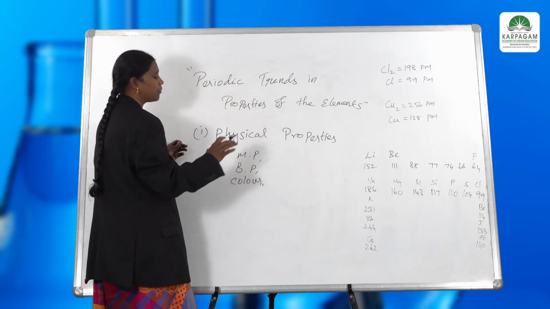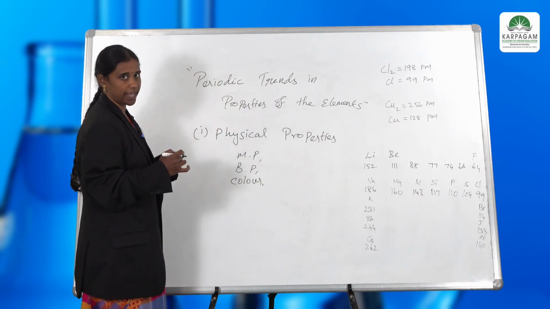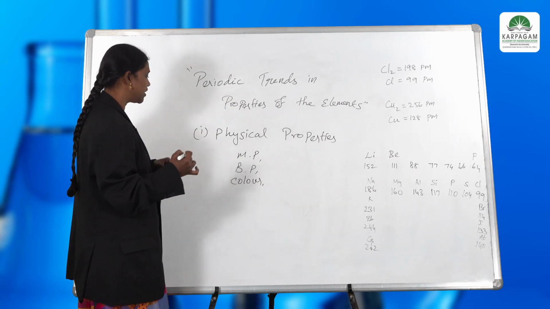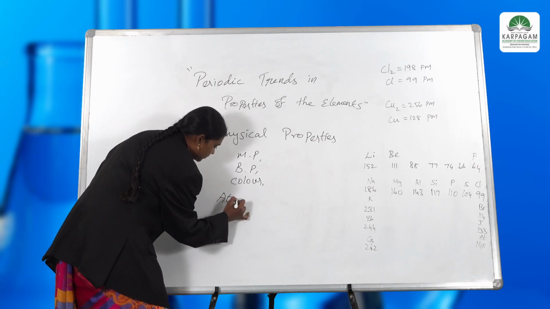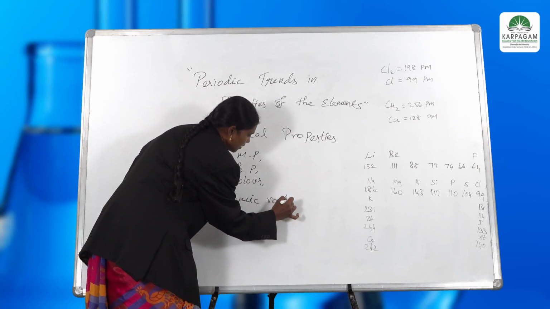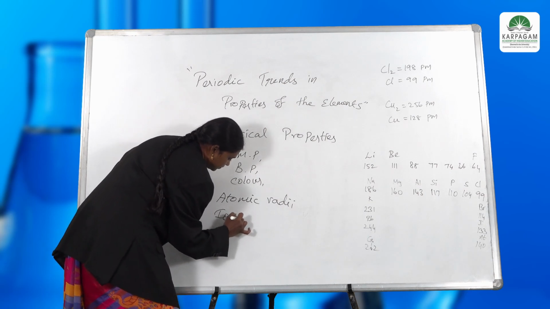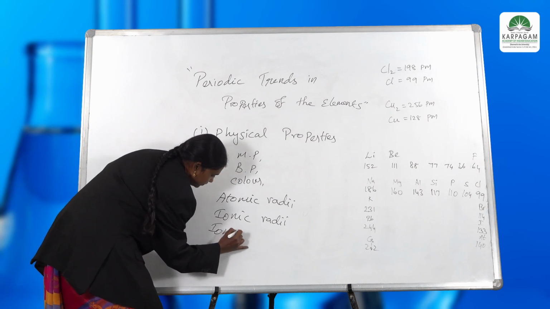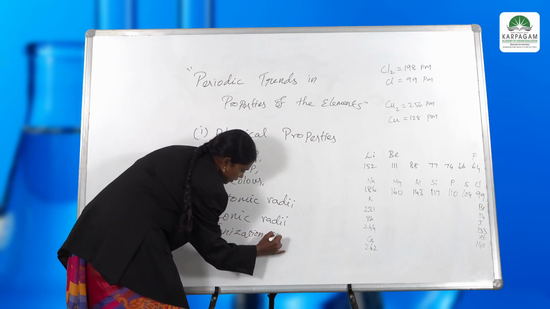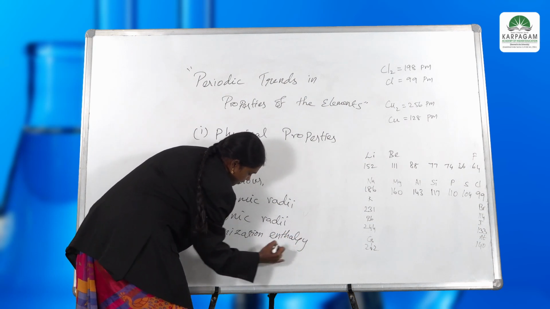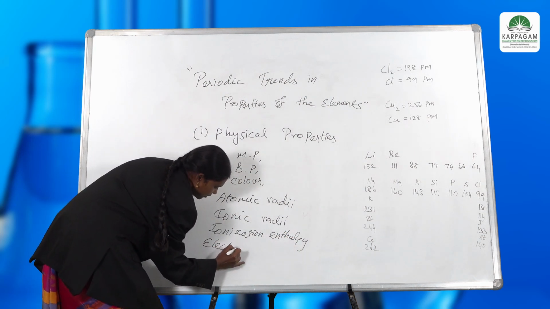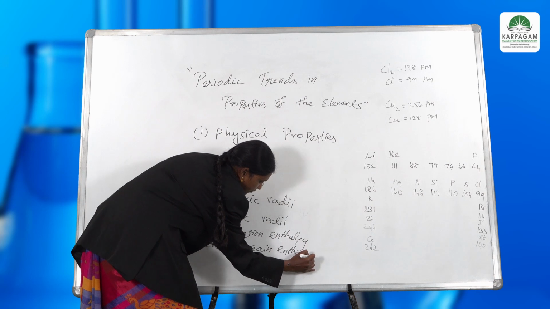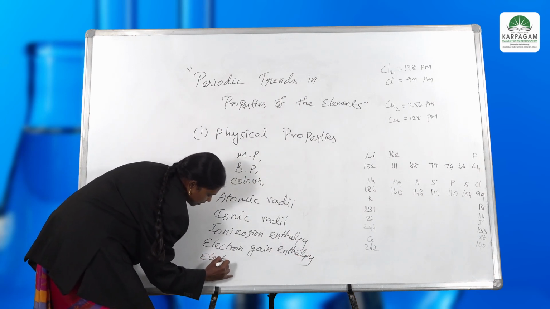In periodicity, or periodic trends, the influencing properties are atomic radii, ionic radii, ionization enthalpy, electron gain enthalpy and finally electronegativity.